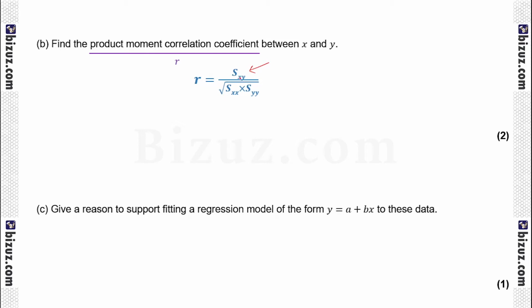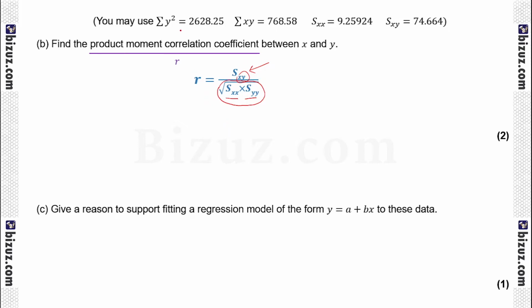Basically, your mixed summary statistic, the one that involves both the variables, divided by the square root of the product of your pure summary statistics, you could say, S_xx and S_yy. And the square root of the product of two things, you could call it their geometric mean. So that's how I like to remember this.